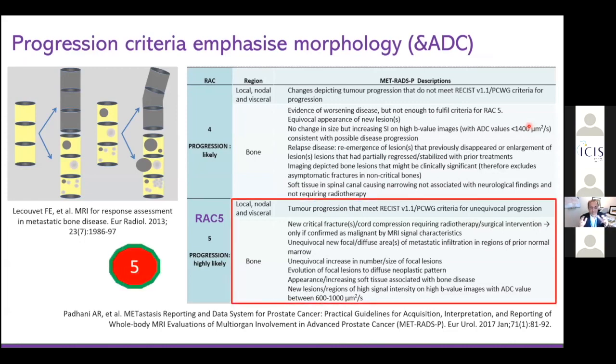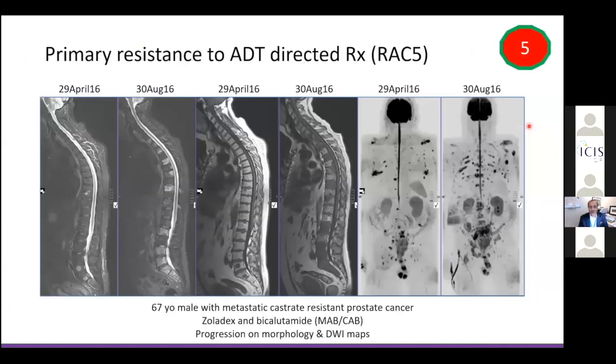So here we're saying progression is highly likely, and we're all used to looking at the images on the top left, but what we've done is just codify that on the bottom right. Now you'll see that there are no ADC criteria, except any metastatic disease that appears has to be in the active range. And when we did the publication, the active range is between about 600 to about 1100, which you can see on the last row.